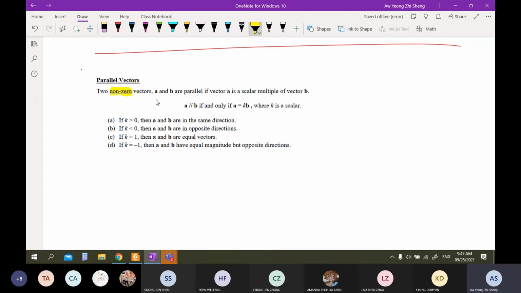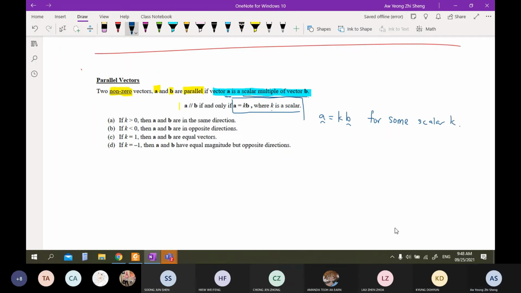So if you have non-zero vectors A and B, and you are given that these two vectors are parallel, then it is always possible to write vector A as a scalar multiple of vector B. So when we say vector A is a scalar multiple of vector B, it means A equals K times B, where K is a scalar. Some books may also phrase it as A equals K times B for some scalar K.